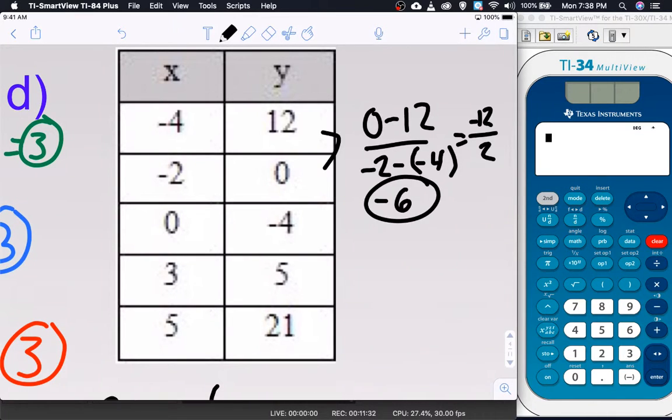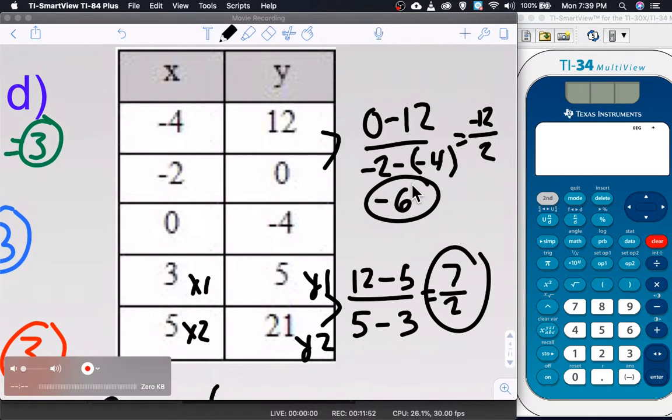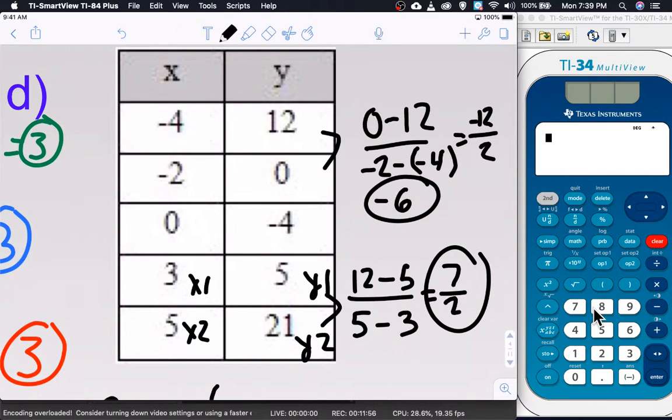If I find the slope somewhere else, y2 minus y1 over x2 minus x1, by the way, x1, y1, x2, y2, in case you're curious where the numbers came from, that gives me 7 over 2, which doesn't simplify, so 7 over 2. Not the same. Negative slope, positive slope. Not the same. Nonlinear.